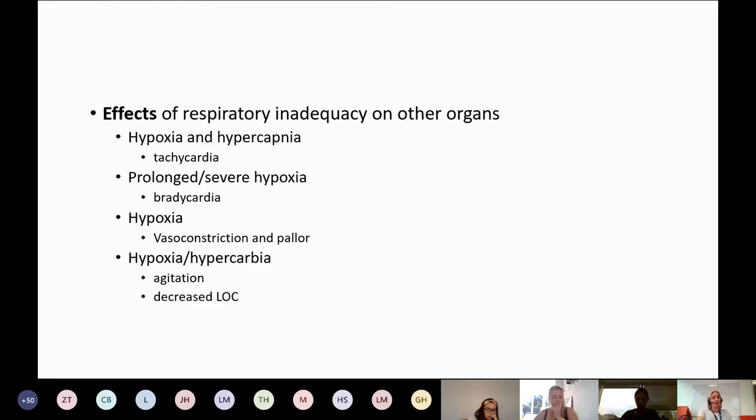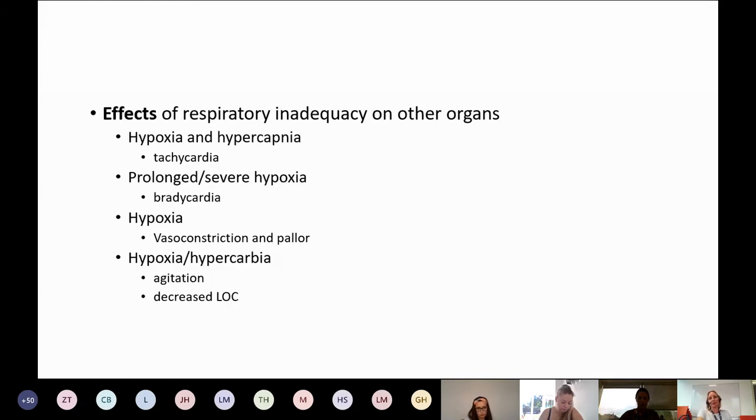If that becomes prolonged or severe hypoxia, then that turns to bradycardia as a pre-terminal sign. Hypoxia also causes vasoconstriction and pallor, so you've got a cold, pale-looking child, and can also cause agitation and decreased level of consciousness. So your respiratory inadequacy has an effect on all your other organs as well.